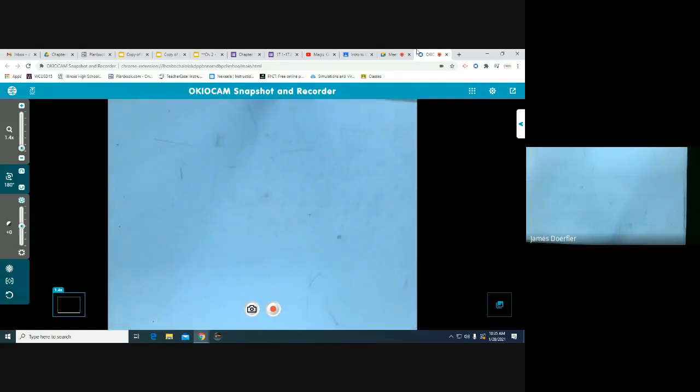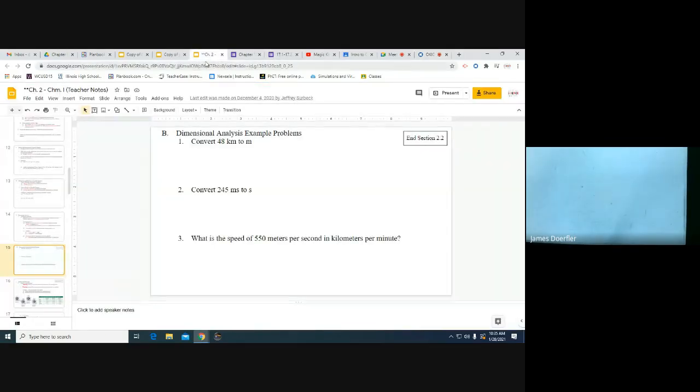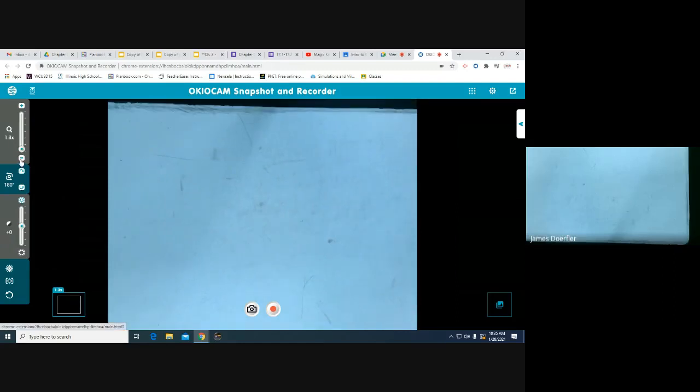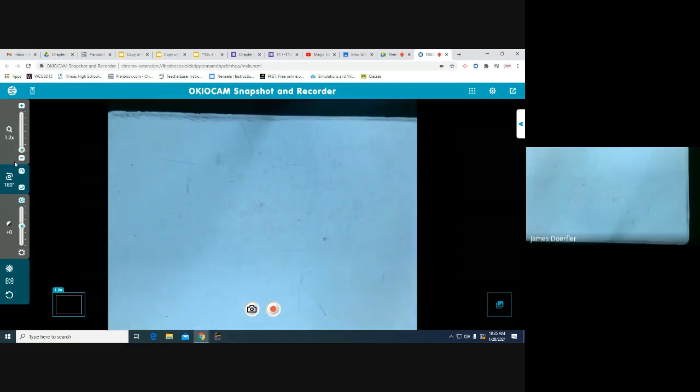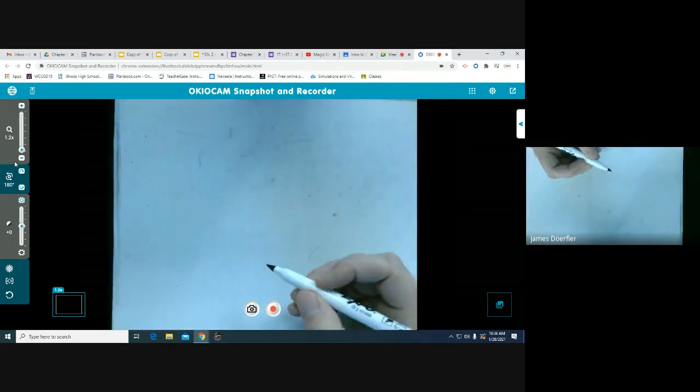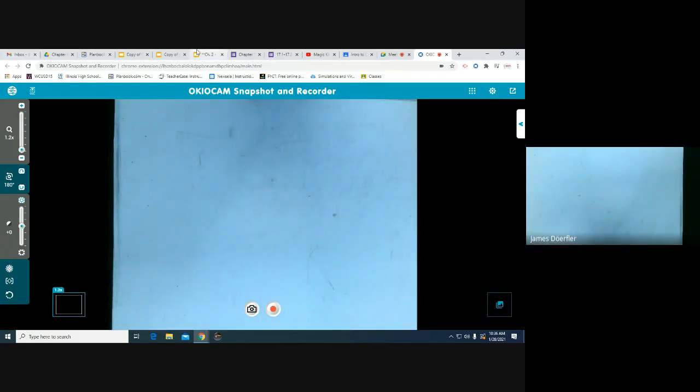All right. So let's take a look at some practice here. Question number 1 says convert 48 kilometers to meters. The very first rule that I'm going to stress like none other is that the very first thing you do to set this up is to always write down the information that you were given.